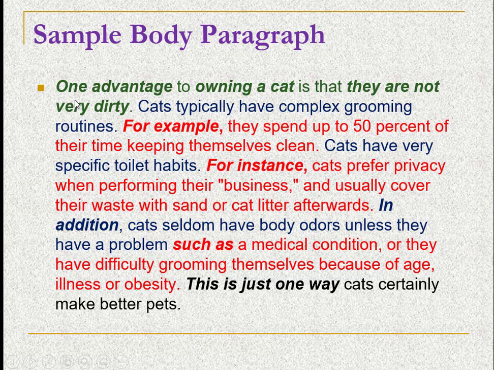Sample body paragraph. One advantage to owning a cat is that they are not very dirty. This is the topic sentence. Cats typically have a complex grooming routine. Explanation. For example, we started adding now examples. They spend up to 50% of their time keeping themselves clean. Cats have very specific toilet habits.